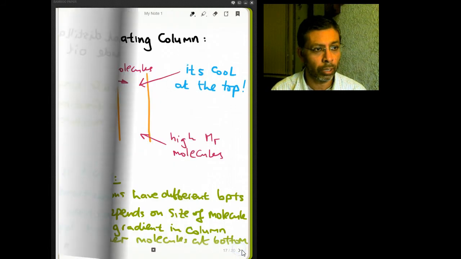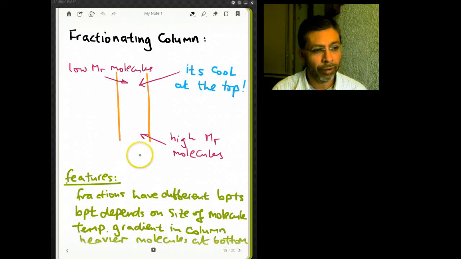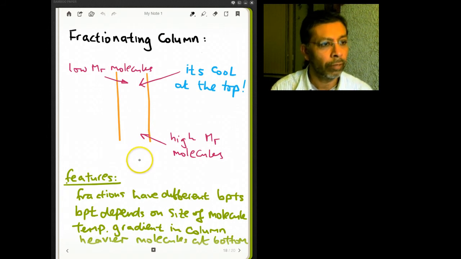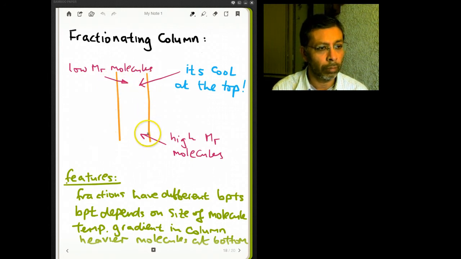Now, if we look at a very, very simplified diagram of a fractionating column, I just want to show you a couple of points on here. The first thing is that the fractionating column at the very top is cool. It's cool at the top. And we have low molecular mass molecules there. And over here, right at the very bottom, you have the high molecular mass molecules.